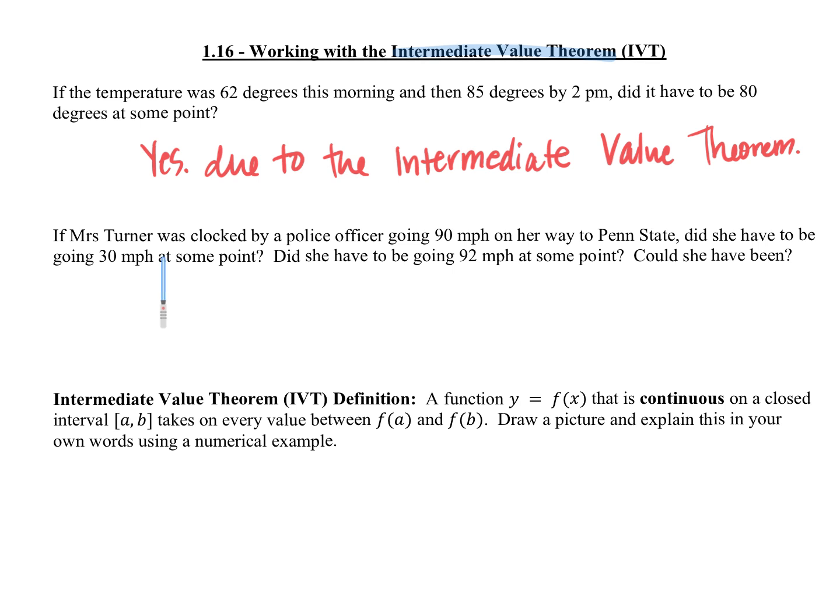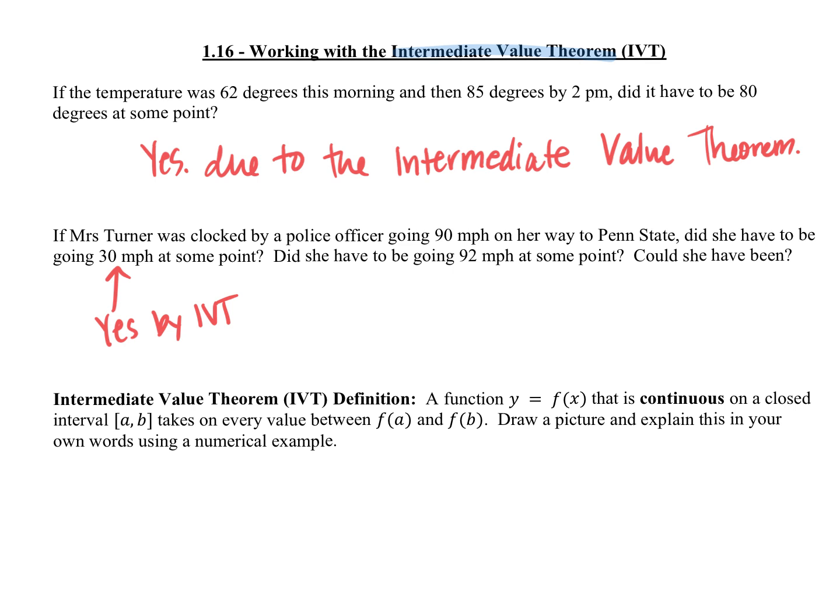I can't get to 90 without passing through 30, even if I have a stick shift. Even just for a millisecond, I still have to pass through. So yes, I did have to be going 30, by the intermediate value theorem, IVT. Did I have to be going 92 miles an hour at some point?